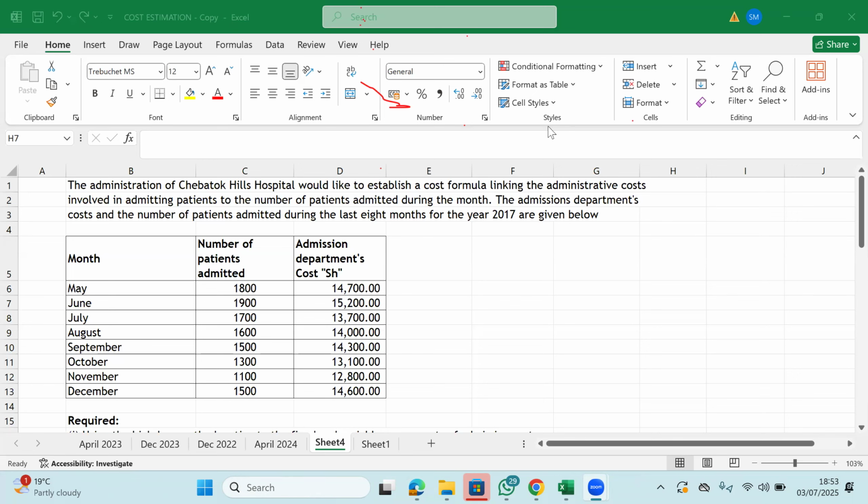So we have the month, which is May to December. Then we have number of patients admitted. And then we also have a column for admission department costs. That's it.